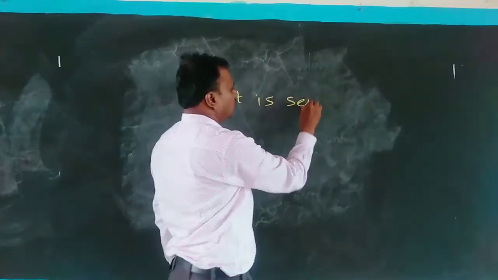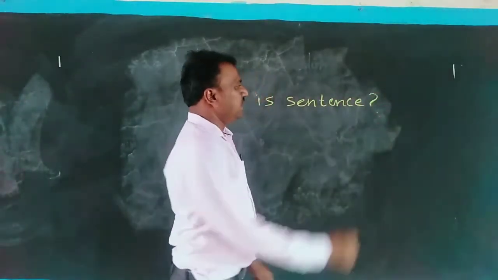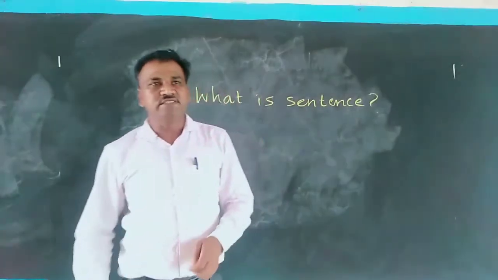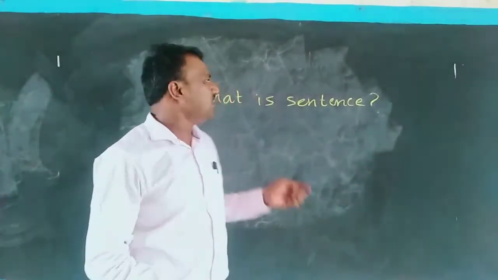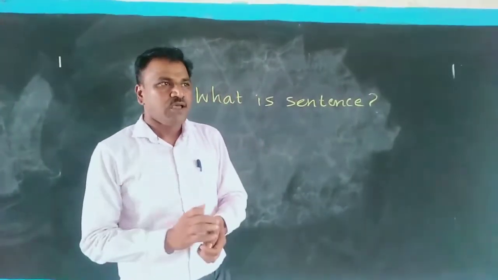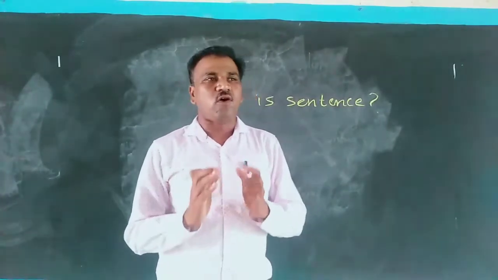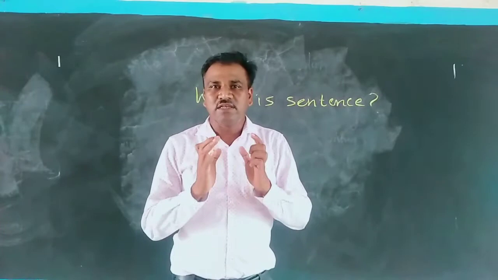All of you have heard about sentences in stories or in books. We read books, and there are many sentences, and these sentences are made up of words. But with words, we have to follow some structure to make a meaningful sentence.